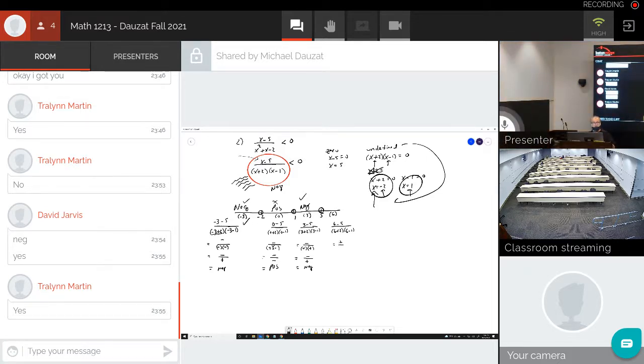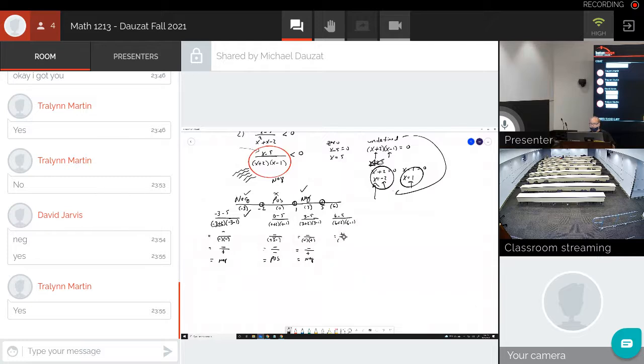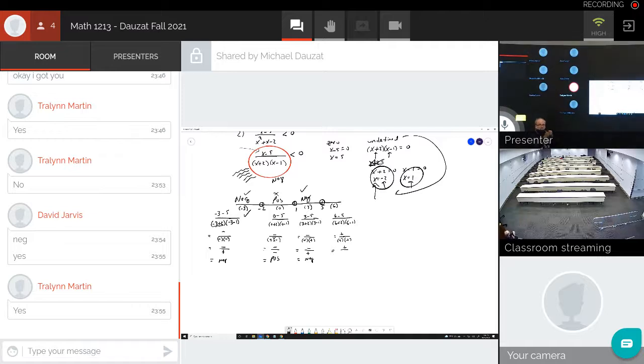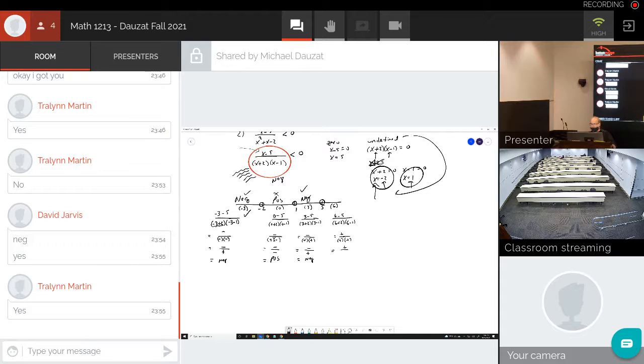The denominator, the 2 factors, 6 plus 2 has what sign? Positive, it's positive 8, right? And then 6 minus 1 is 5, so that's also positive. So the numerator is positive. Now the denominator, those 2 factors that I'm multiplying together, a positive times a positive is a positive.